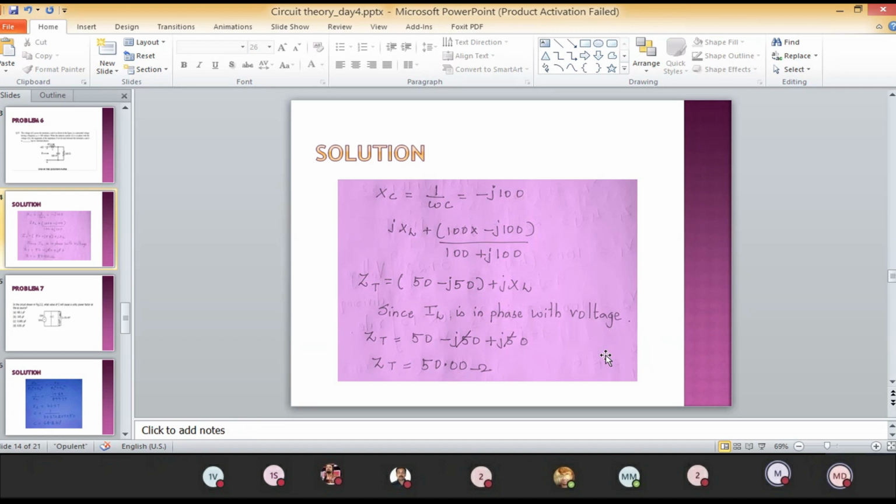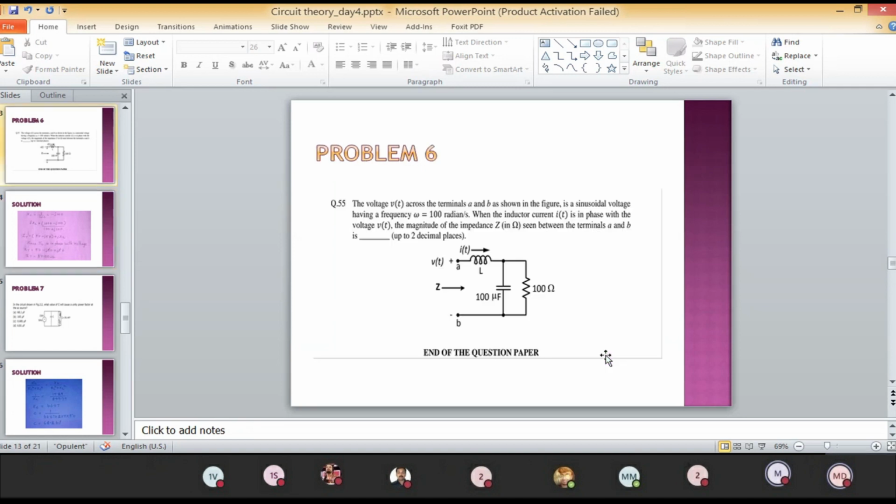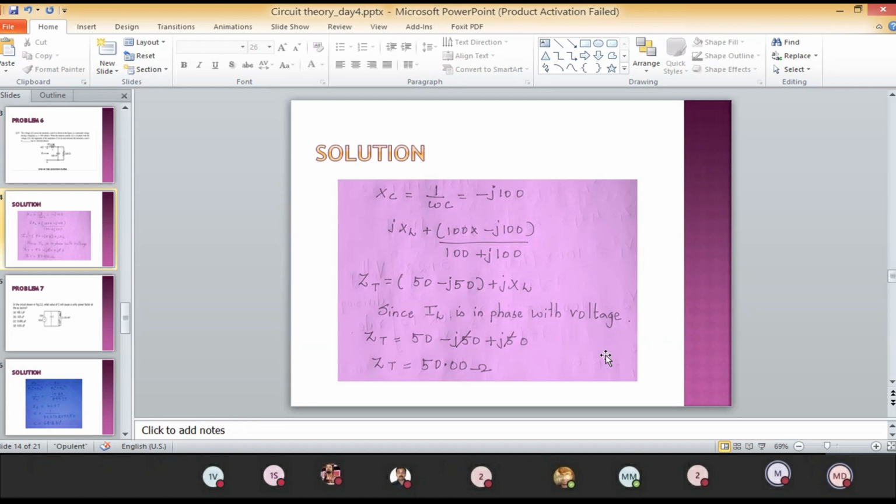Now, together they are connected in series with inductor XL, so I'm just adding plus jXL. After some slight manipulations, ZT is 50 minus j50 plus jXL, because I'm just doing a simple complex calculation.